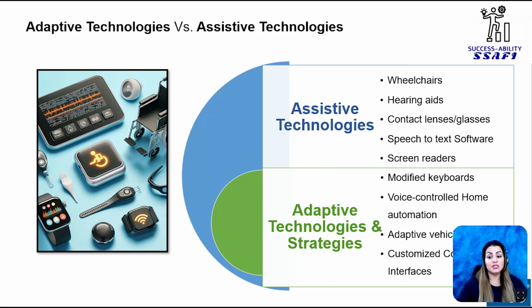Here, the emphasis is on modifying and adapting the existing technologies to fit and answer the needs that the person has. However, assistive technologies are often built by mainly focusing on users with disabilities, so ground up.